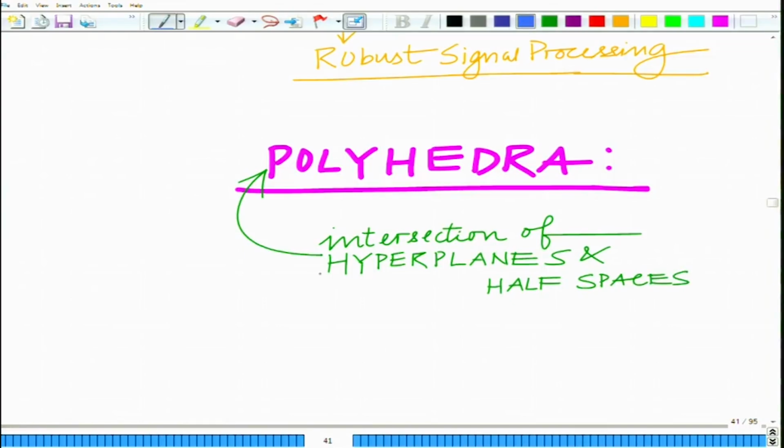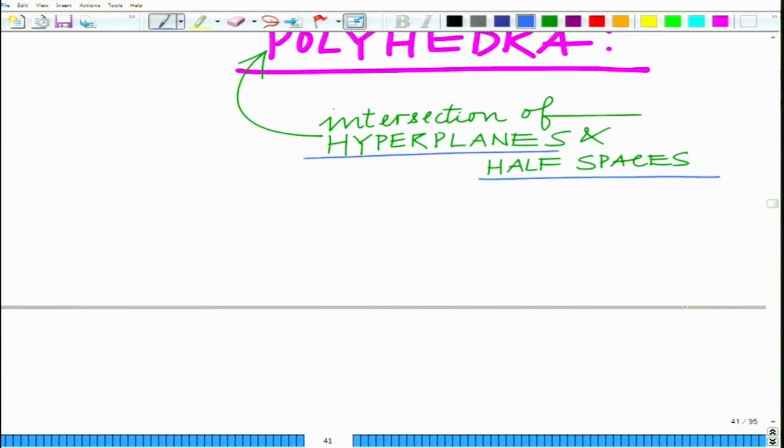These are formed from the intersection of hyperplanes and half spaces. In fact, a finite intersection; it is a subtle point, but these are formed by a finite intersection of hyperplanes and half spaces.